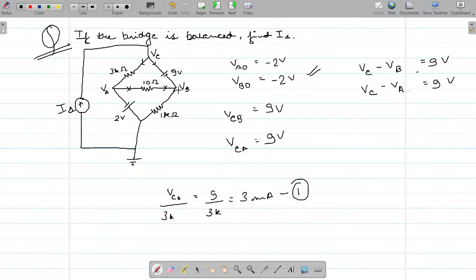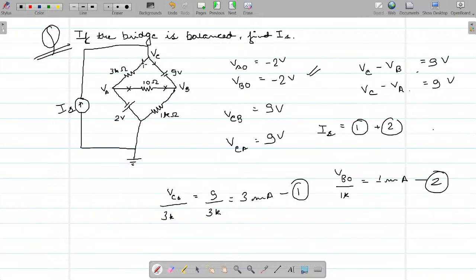Similarly, I am given the potential across the other branch and I have the resistance here. Can I write the second current as VBO upon 1 kilo ohm is equal to 1 milliampere? But the source current IS is equal to 1 plus 2.